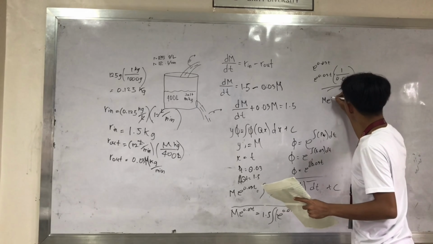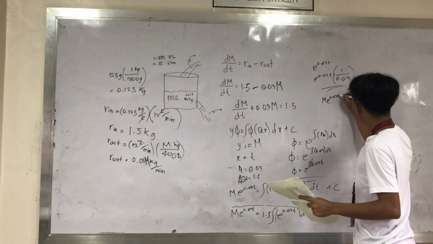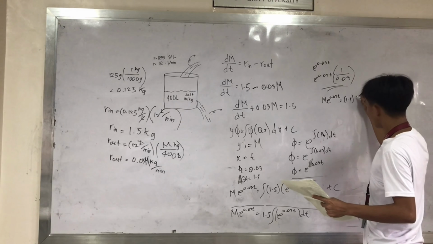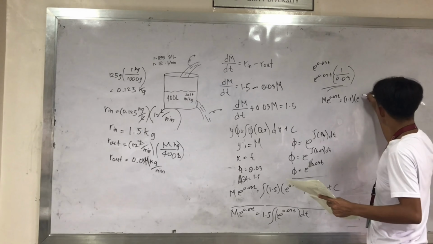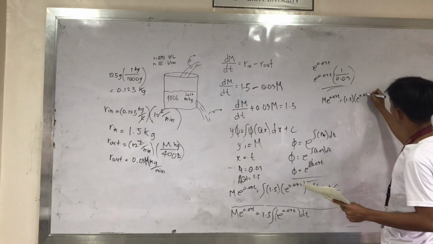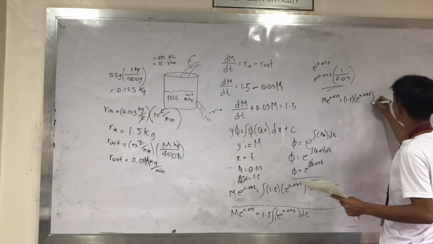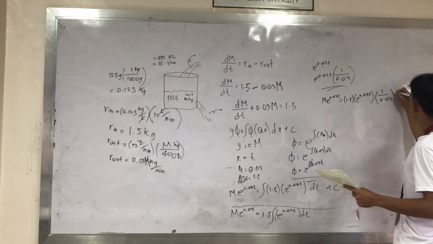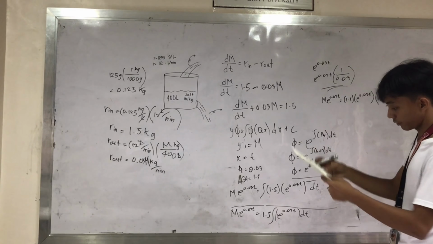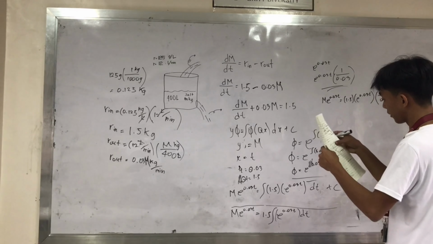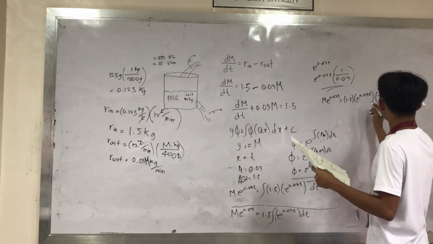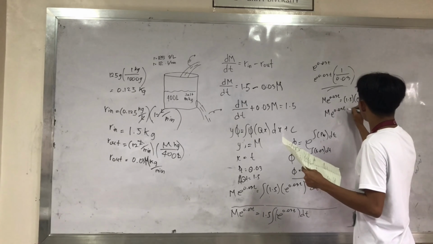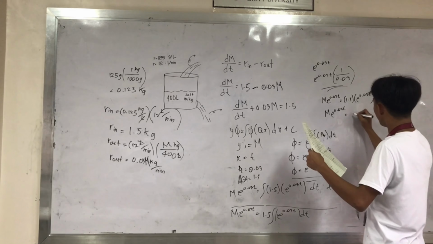M e raised to 0.03t is equals to 1.5 times e raised to 0.03t times 1 over 0.03. 1.5 divided by 0.03 is equals to 50.